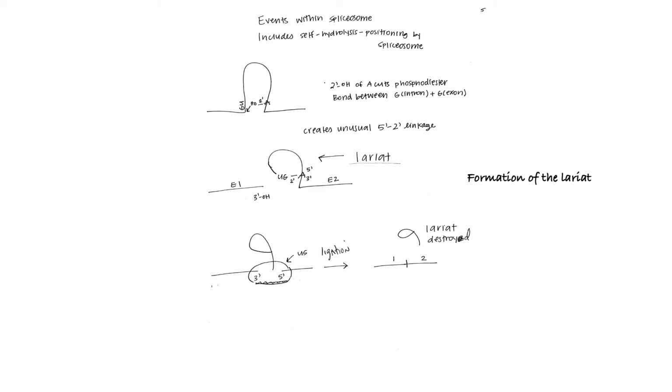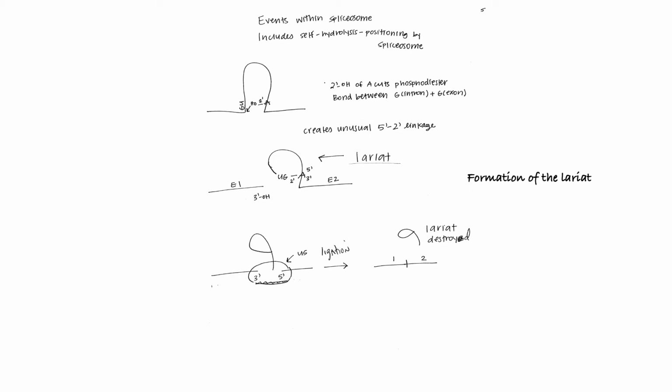It's like a loop. And now you see exon 1 is free. It's not free because it's all held within the spliceosome, so it's not floating anywhere. But then there's another cleavage reaction that cuts the intron off of exon 2. That lariat is released. You can see it's just floating there now. It's destroyed.